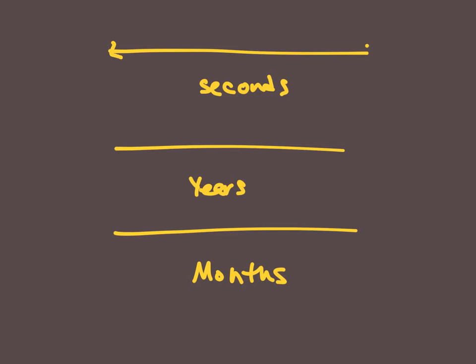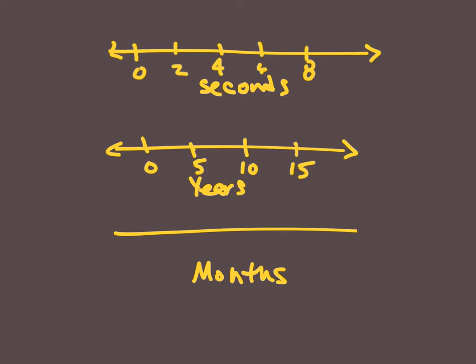But if I come in here and put arrows on for seconds, we always start time at 0. Okay? And I can go up by, say, 2s. All right, and so I don't have to go up by 1s each time to get seconds. Now in years, that might look a little different. Maybe our graph wants to start at 0 and go up by 5 years, okay, and have that be our scale.